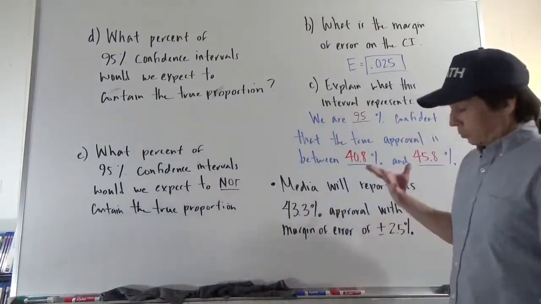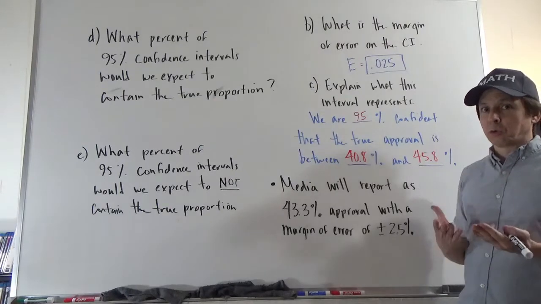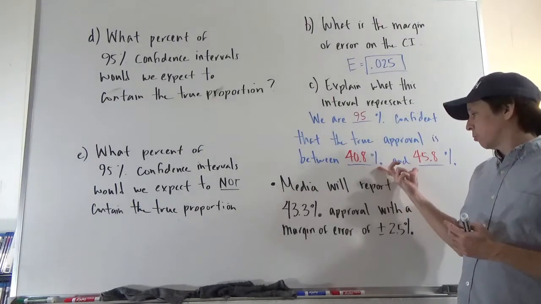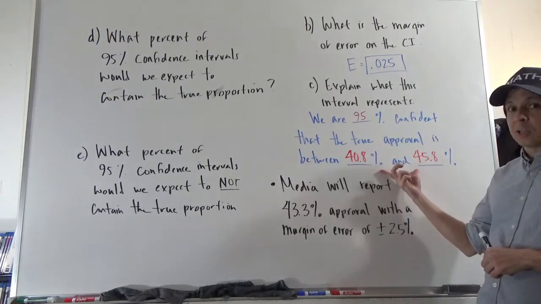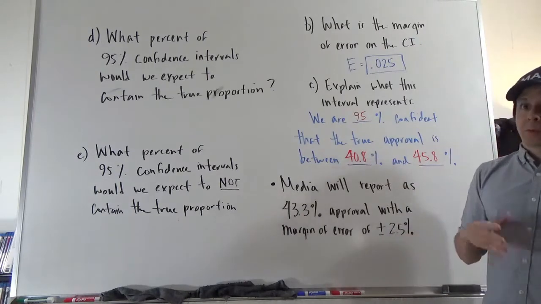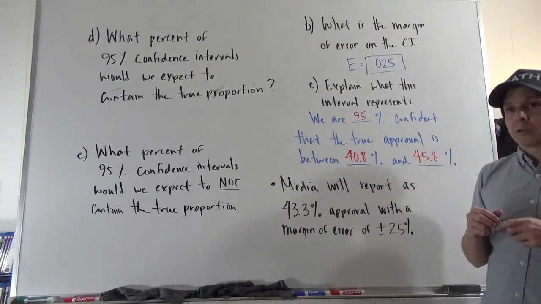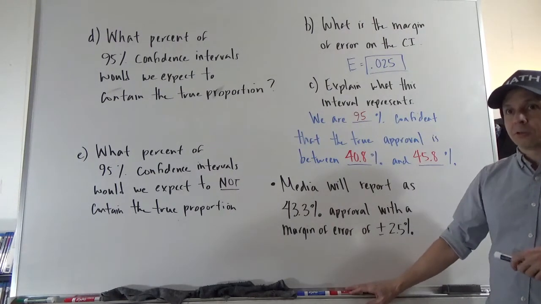So the idea is, going back to this one, we're 95% confident that the true presidential approval is between 40.8% and 45.8%. So we're 95% sure that the true value lands within there. Now we could be wrong. Sometimes they're wrong. Sometimes, like I've been saying, they predict Hillary's going to win the election, and then you wake up the next morning and Donald Trump's the president.